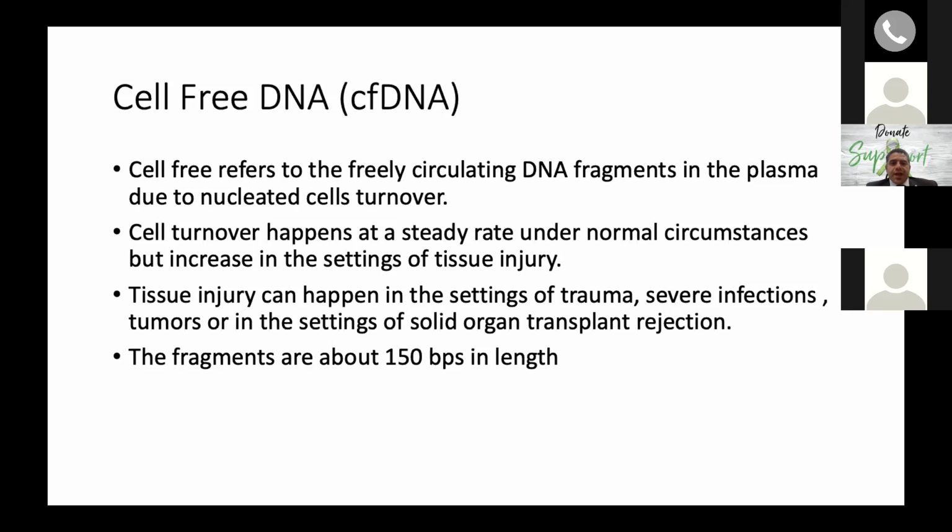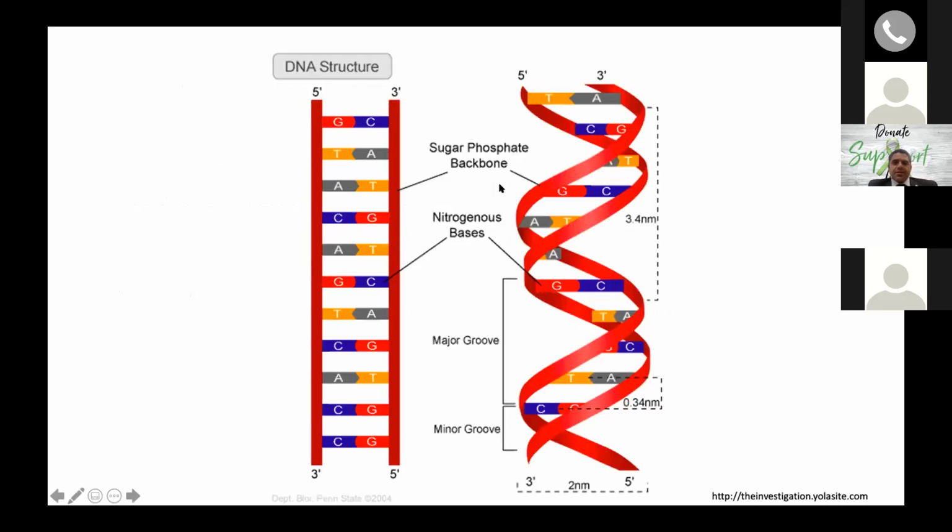Now, these fragments can reach up to 150 base pairs in length. And I used this picture here to refresh everyone's memory of the DNA. So this is the double helix, and these are the base pairs.